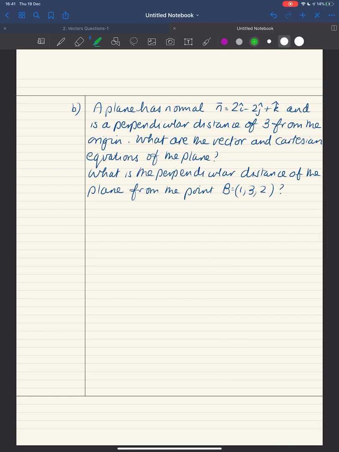So the normal in the top line is 2i minus 2j plus k. The perpendicular distance of 3 from the origin, so using what I've just told you on the previous page, a dot n over the size of n is 3. Okay, we can get the size of n here actually. Size of n is the square root of 2 squared plus minus 2 squared plus 1 squared.